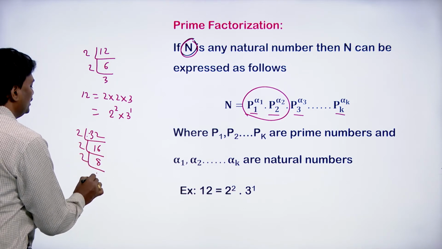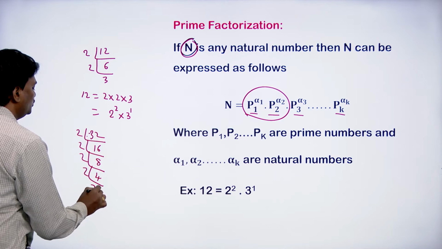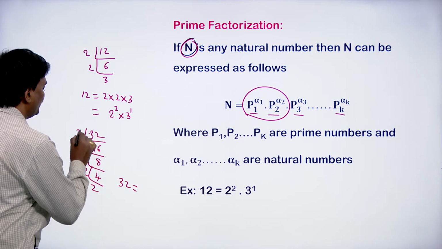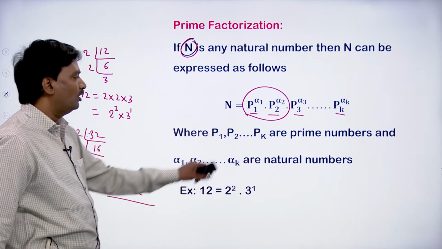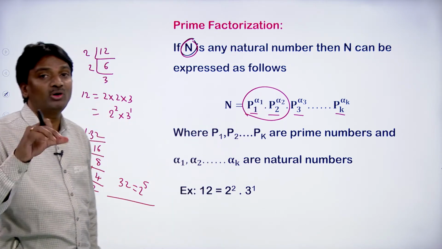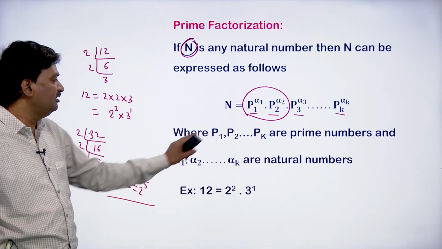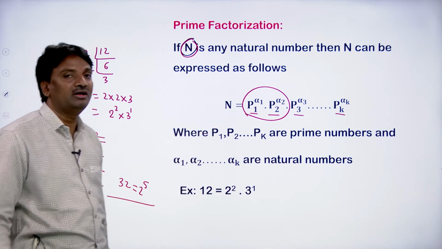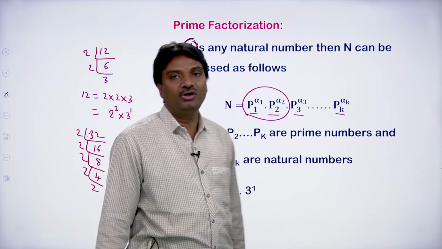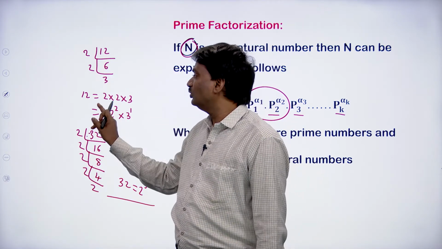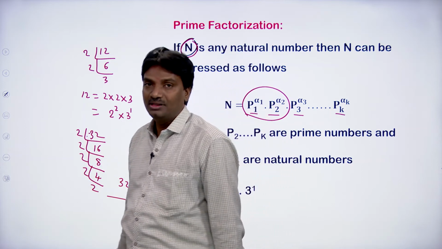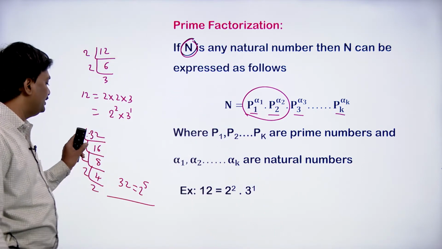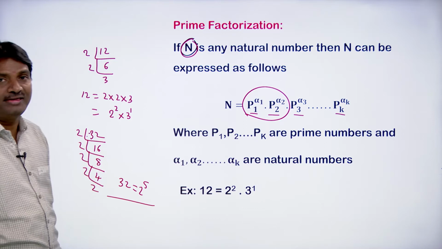So we can write 32 as 2 power 5 only. Here we have only p1 power alpha 1, where in place of p1 we have 2 and in place of alpha 1 we have 5. By taking 12, we can express this as the product of 2 square and 3 power 1, but by taking 32, we can express it as 2 power 5 only.